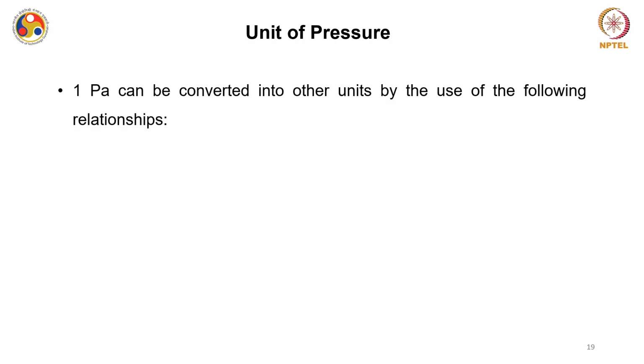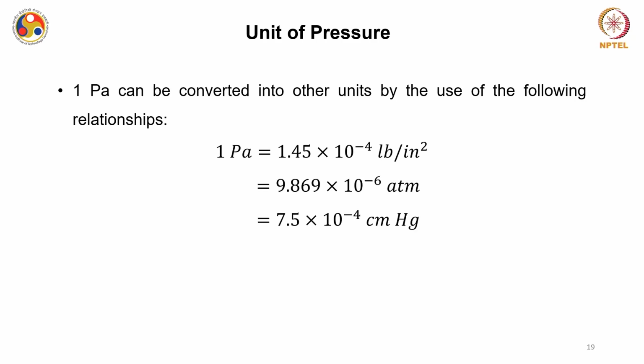A Pascal can be converted into other units, because this conversion is important, as that is our SI unit, by the use of various relationships. So, 1 Pascal is equal to 1.45 into 10 power minus 4 lb per square inch, and in ATM it is 9.869 into 10 power minus 6 ATM, and in the centimeter mercury scale it is 7.5 into 10 power minus 4.